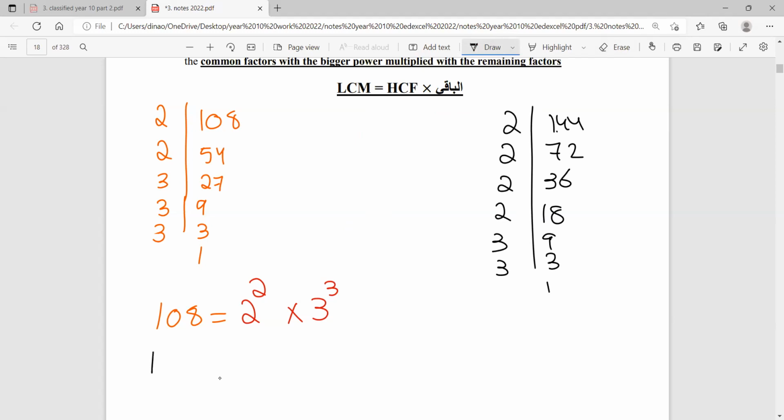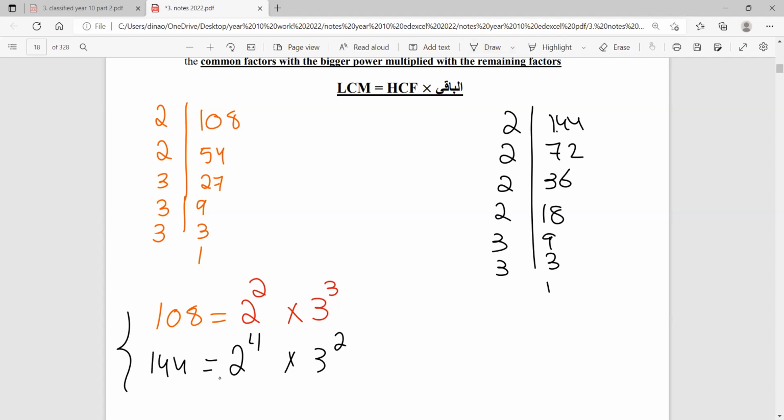When I write the 144, I will align it vertically under the 108, because questions always come in this form: 2 power 4 multiplied by 3 squared.